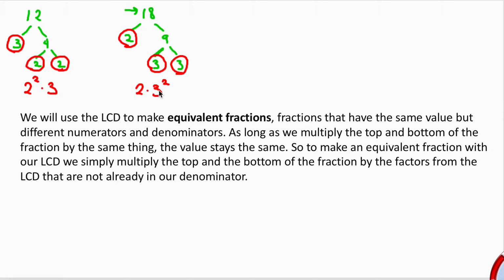Okay, so remember, I'm looking for the LCM, so I want the largest. So to find my least common denominator, I'm going to take everything that they have with the largest exponents. Okay, so 4 times 9, 36 is the least common denominator between 12 and 18.